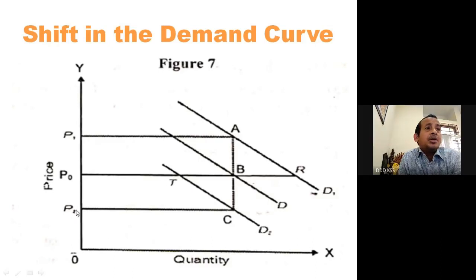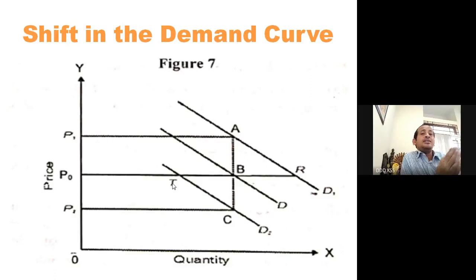Now, if from P2 again price increases to PO, the consumer may reduce the quantity of the purchase, and that may shift to POT. Okay, so this is basically shift in the demand curve.